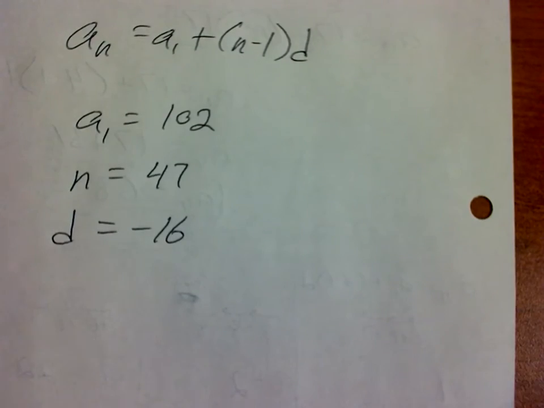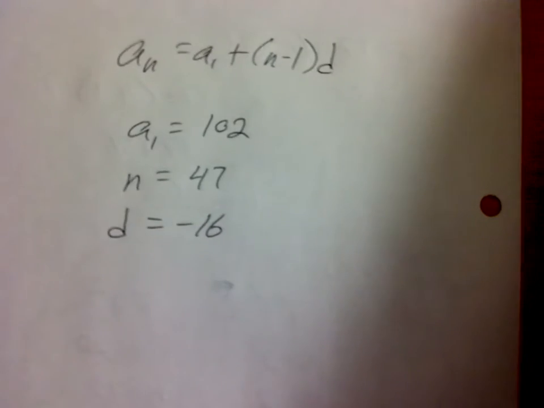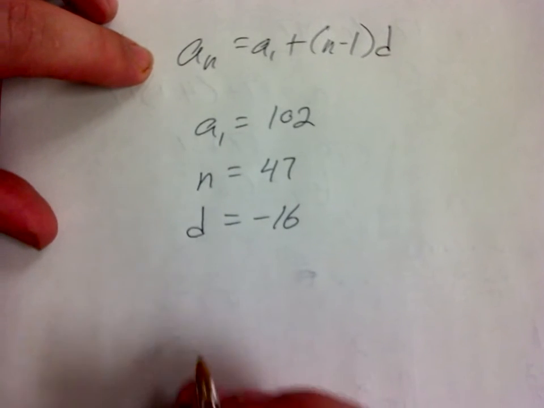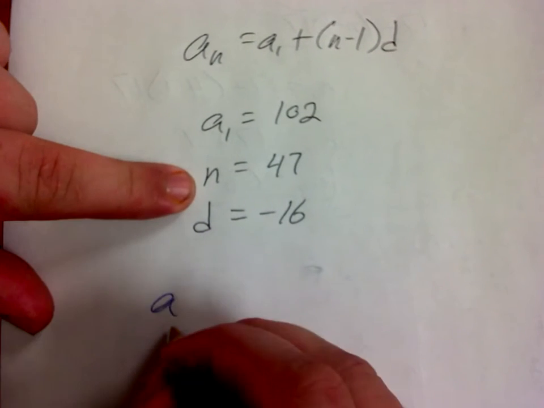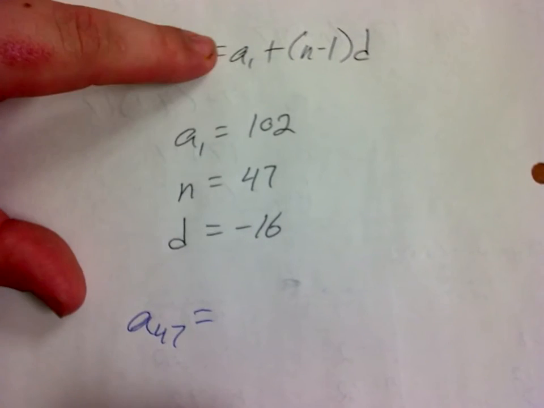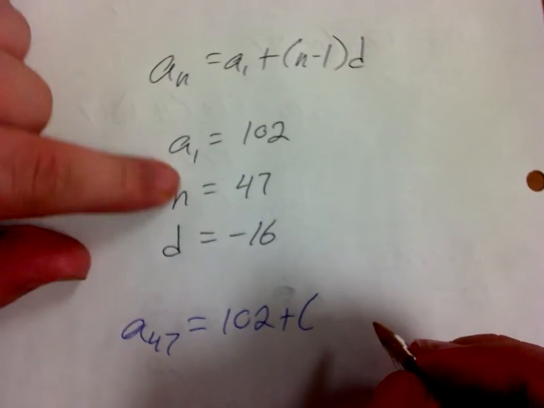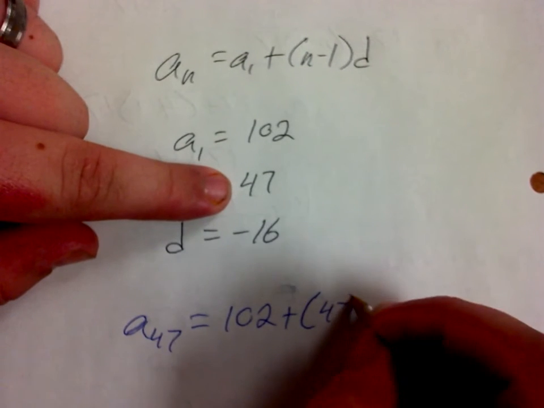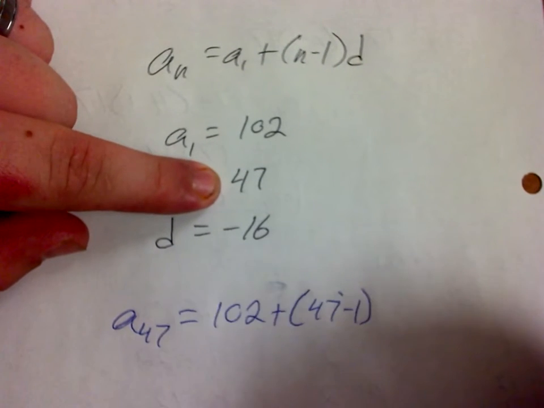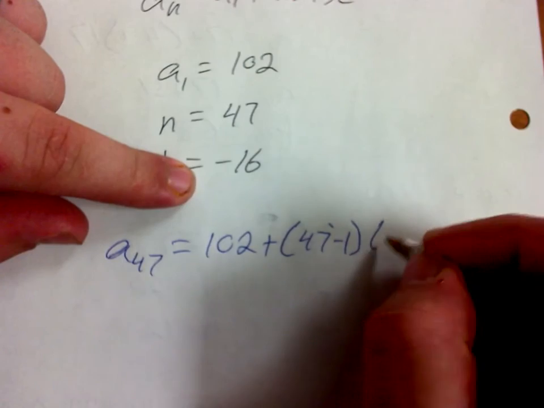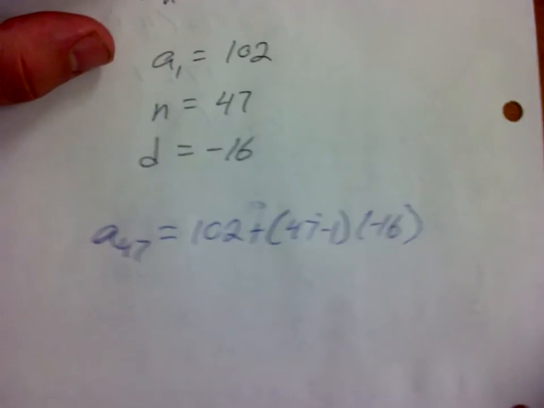Even though the number is a little more complex, the process does not change. Plug in our values. A sub n, once again, a sub 47, is equal to a sub 1, our initial term, 102, plus in parentheses, n minus 1, 47 minus 1, times the common difference of negative 16.